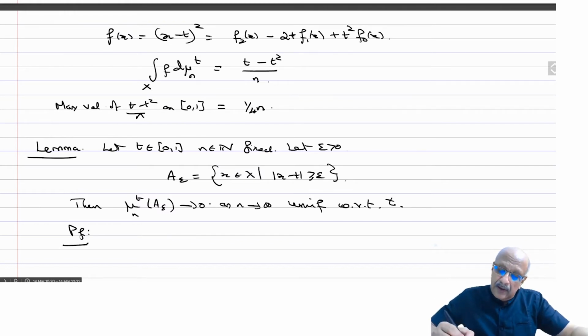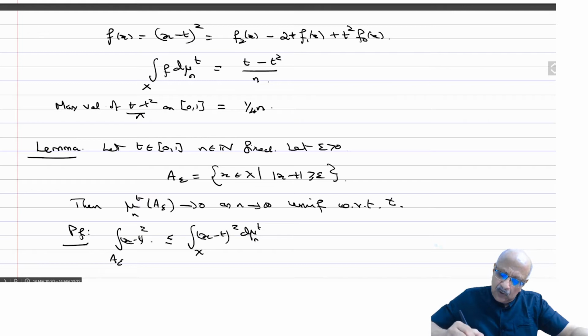So we are going to take integral (x minus t) whole square d mu nt over X. So that is greater or equal to integral over A epsilon (x minus t) whole square d mu nt.